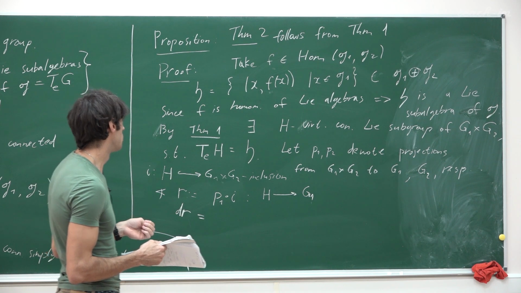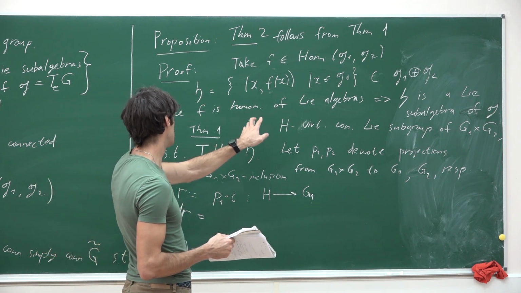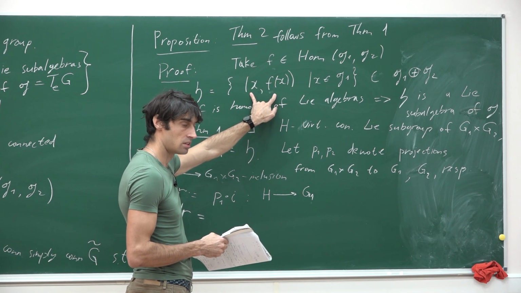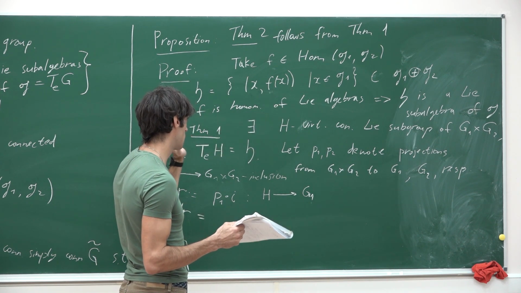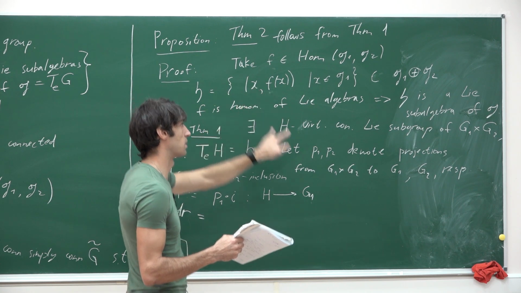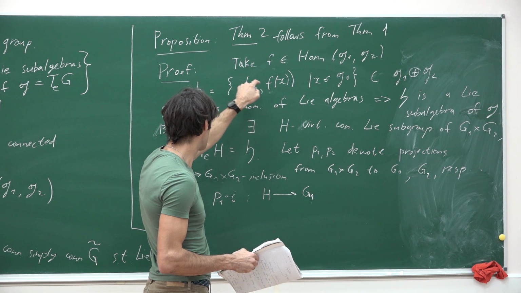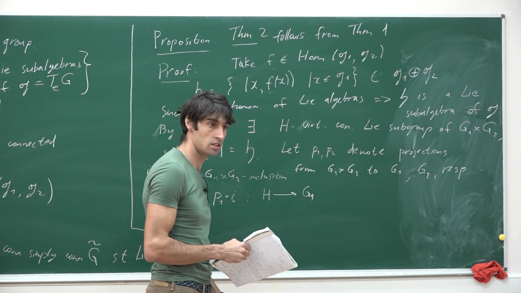What it does, it takes an element like this, (x, f(x)). Then dI does nothing, it just considers it as a parent here, and then dP1 just takes x.